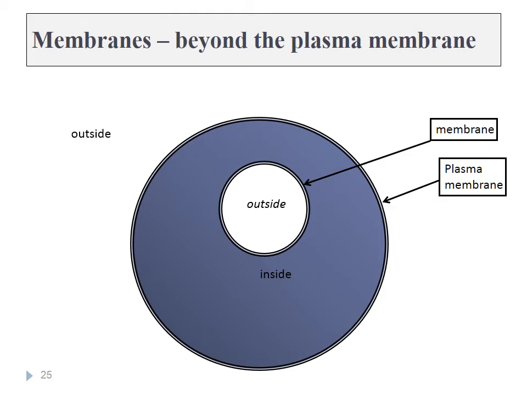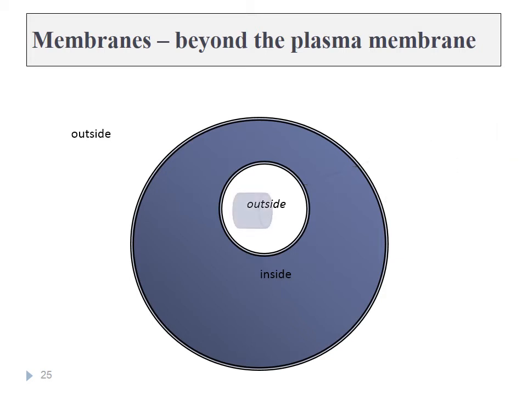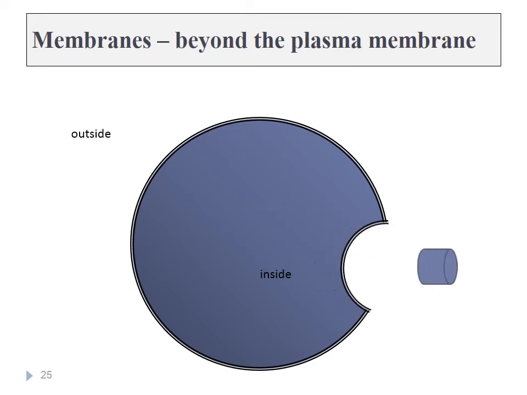It's still a phospholipid bilayer, but we don't call it the plasma membrane because it's not at the surface. But it could easily join up with the plasma membrane and become a part of it once again. If it were to do so, anything that was inside of that vesicle would now be outside of the cell. That's why we consider those two spaces to be equivalent.